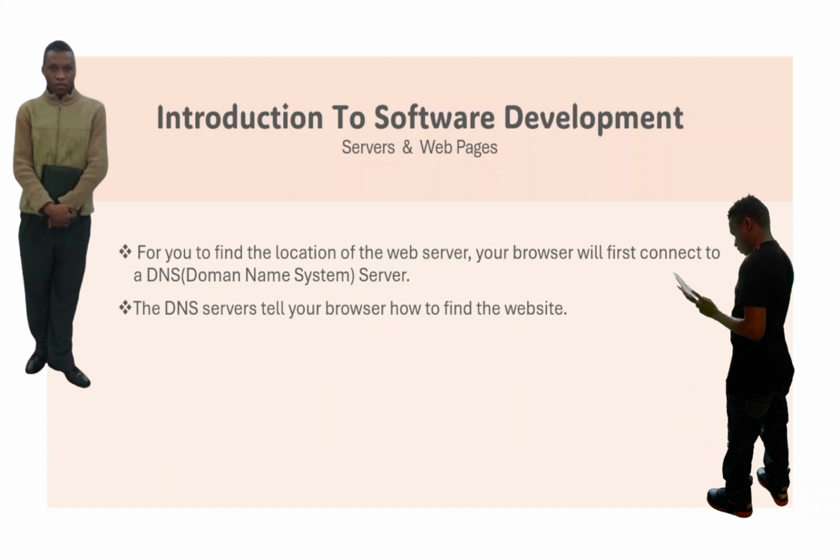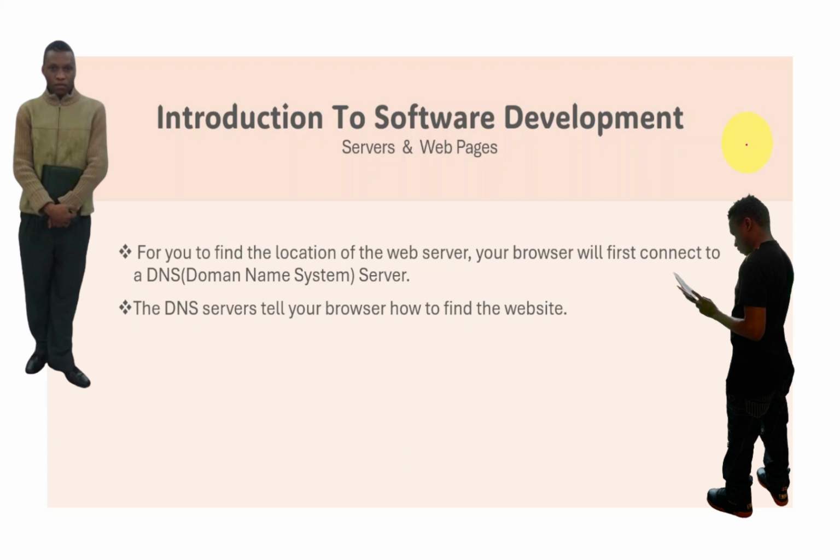For you to find the location of the web server, your Google Chrome or your Microsoft Edge will first connect to the DNS server. The DNS server tells your browser, tells your Google Chrome, how to find the website.